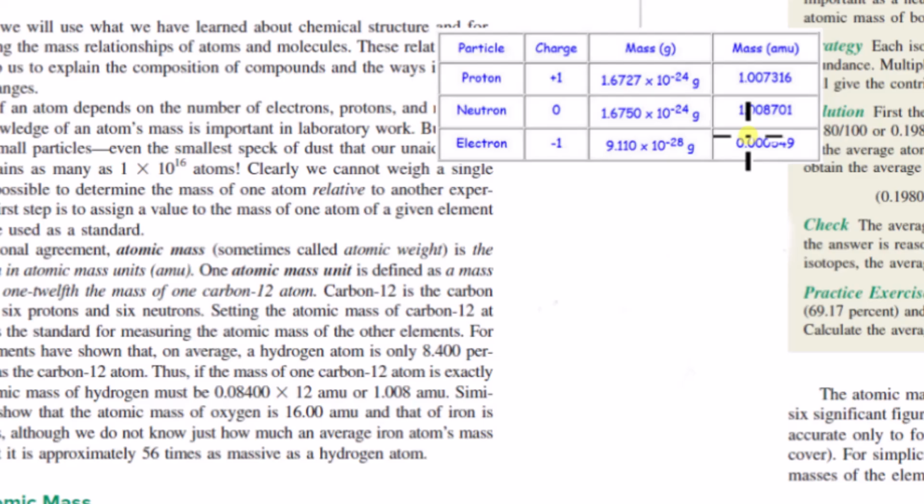So what's going on? Well, when you see the general reported mass of a proton or a neutron, what's being reported is a proton and a neutron just on its own, by itself.